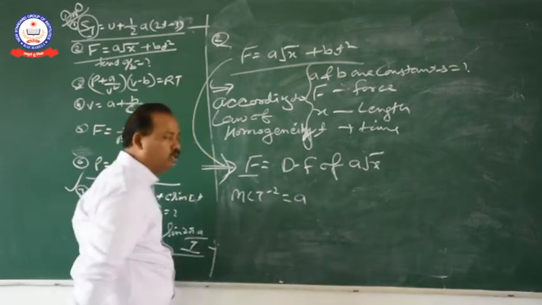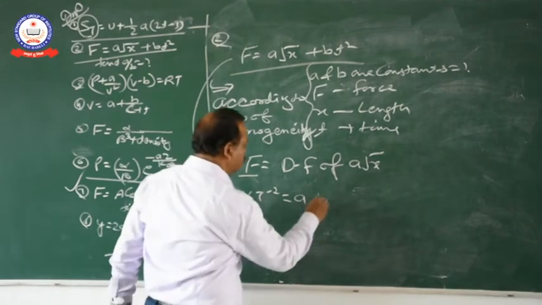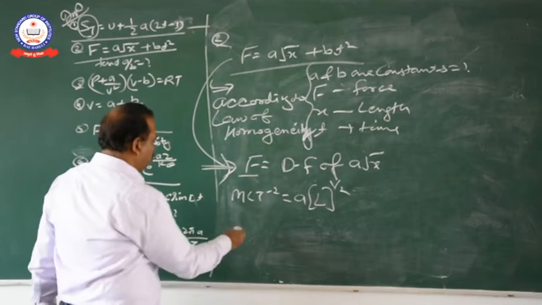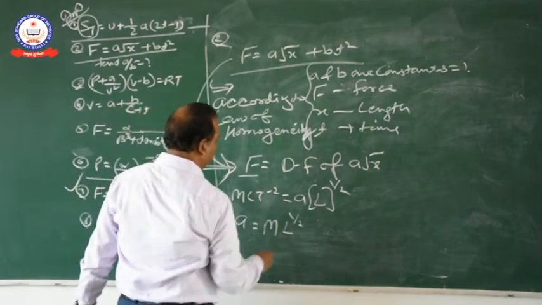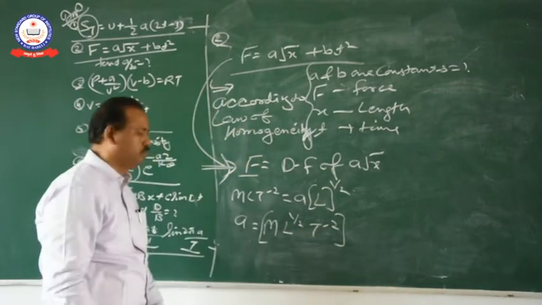A is a constant and x is length, so L raised to power 1/2. Is it clear? So A is equal to ML^(1/2)T⁻².